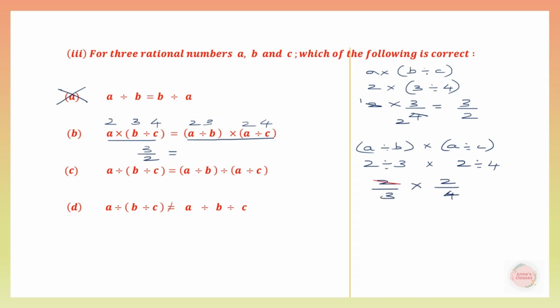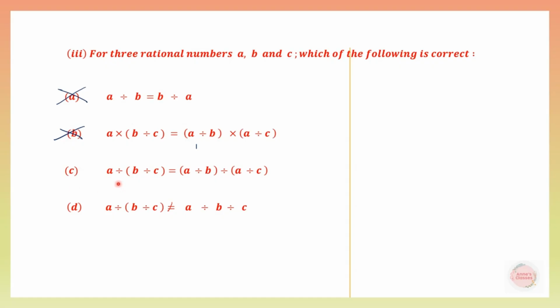Let's cancel. 2 twos are 4, and these also we can cancel. So what do we have here? 1 by 3. So on the right hand side we have 1 by 3. On the left we have 3 by 2. The statement says they are equal, and as you can see they are not equal. So statement option B is also wrong.